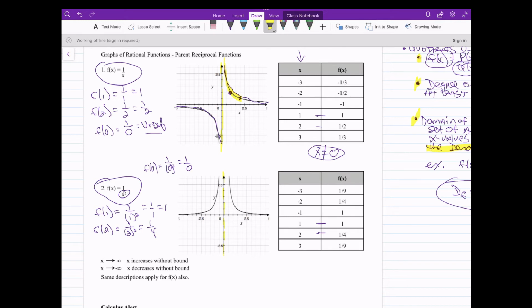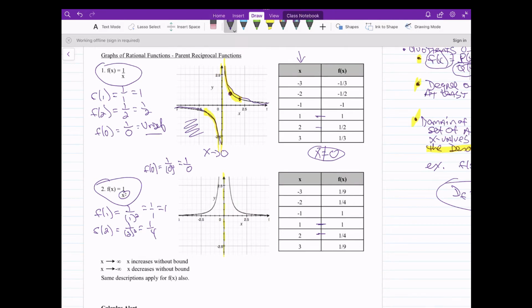And this one would approach it from the right side, and it would go off to positive infinity. And then this one down below here, if we took a little point over here and rode the graph down, got really close to 0 as far as we could, this one would actually go to negative infinity. So if we approach 0 from the left side, and when we say left side, all that means is we just put a little minus sign, all right?